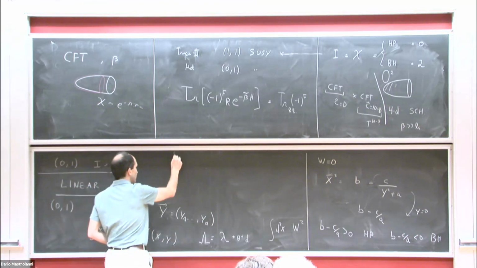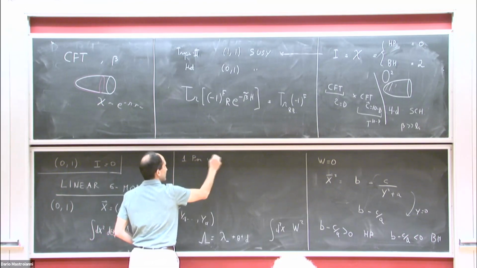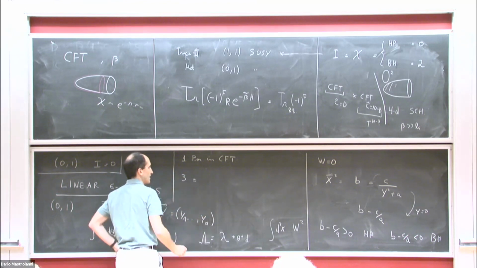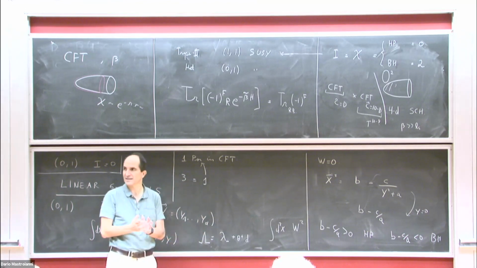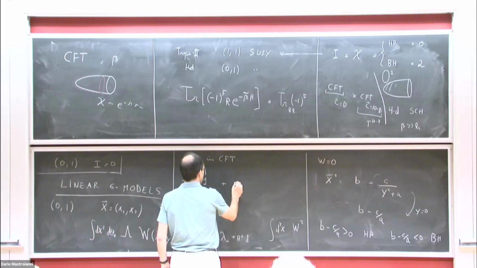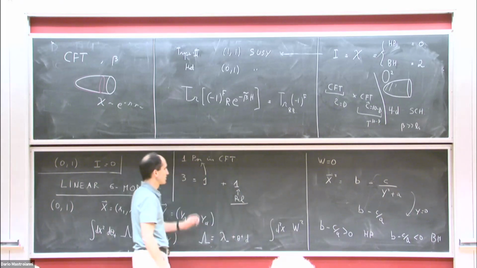In terms of the number of parameters, there is one parameter in the CFT. Here we have three parameters, and the idea is that one of them is the one that we want. That should be a marginal deformation of the CFT. Then one of the parameters is supposed to be a relevant parameter that we will need to fine tune to get to the CFT.